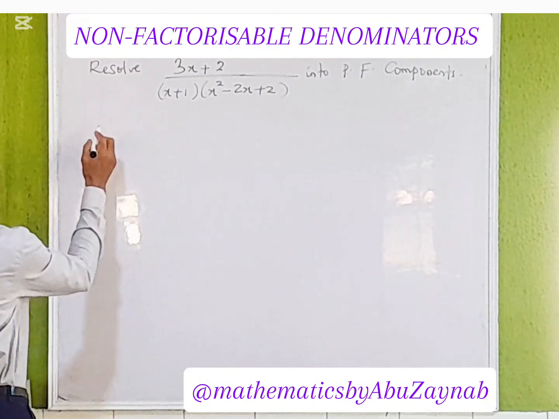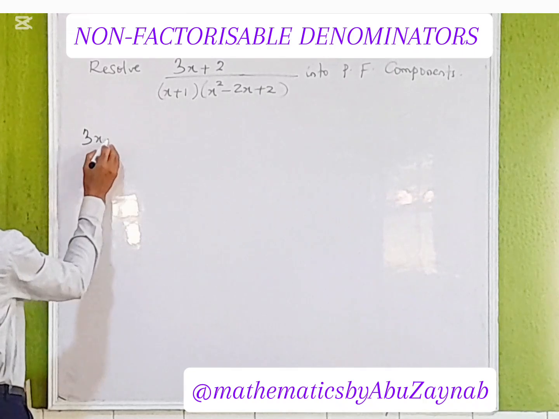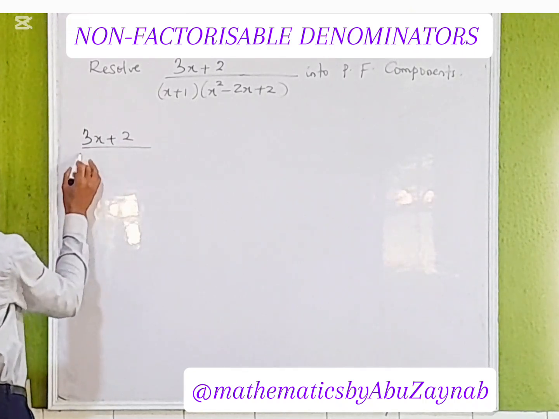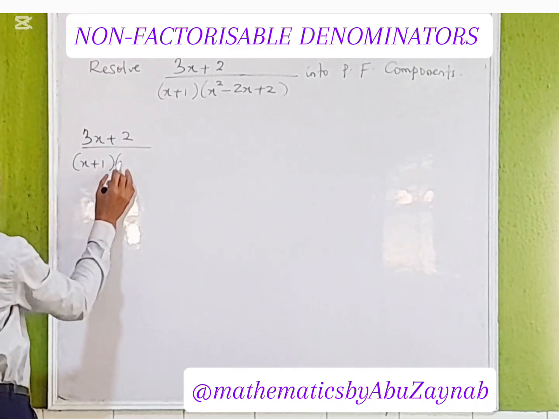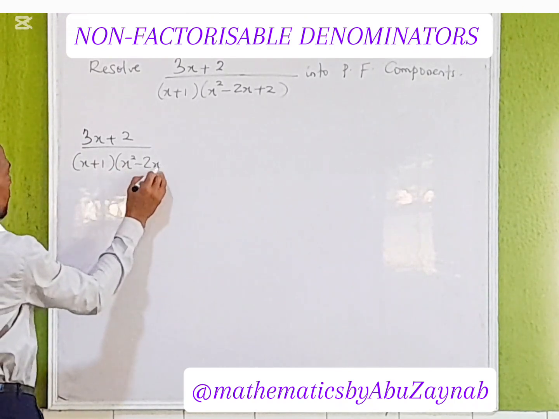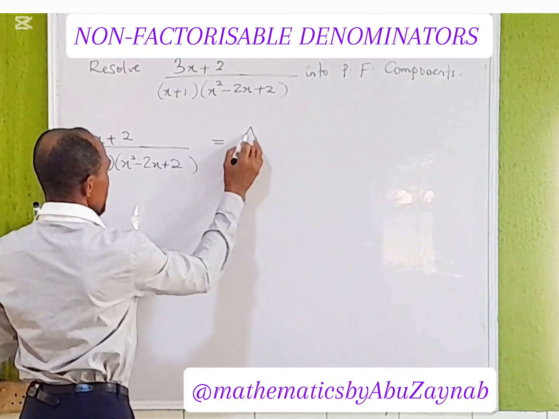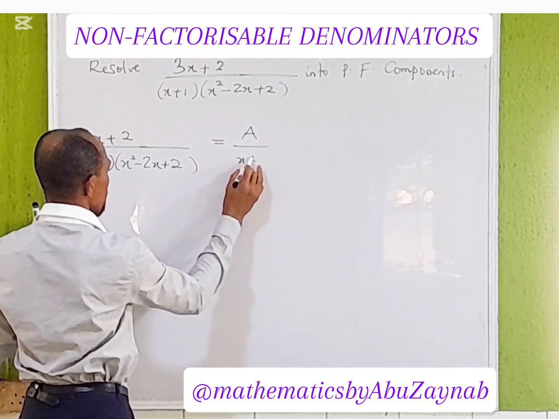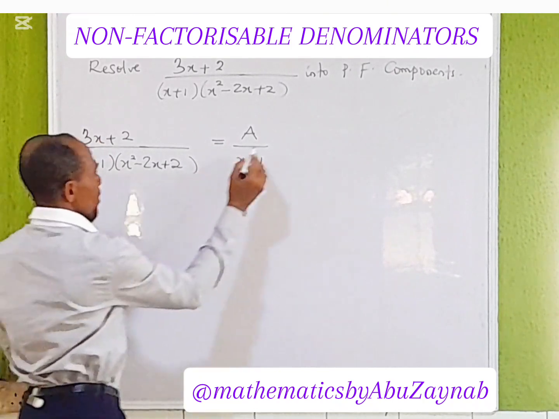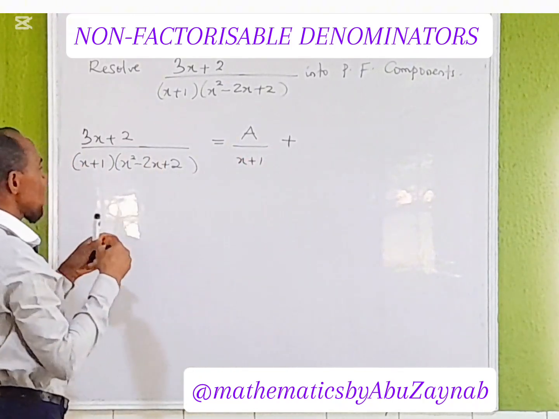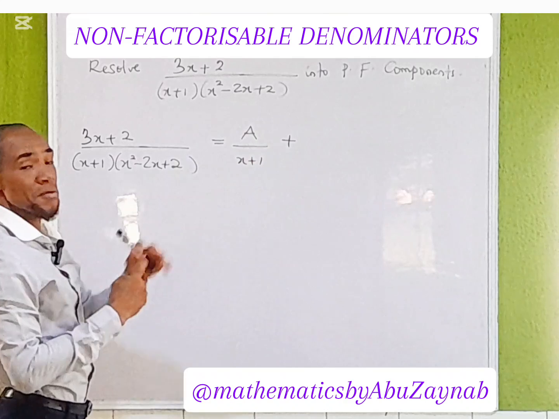So we start by saying (3x + 2) over (x + 1)(x squared minus 2x plus 2). As usual, we use a letter A over x plus 1, for the first factor. Ideally, each factor should have a letter, as in previous videos.